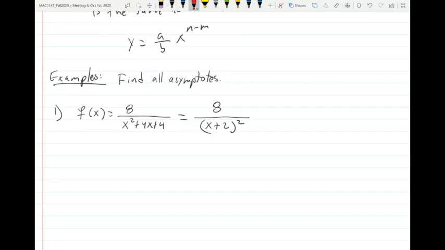All right, so let's see. Vertical asymptote. Do we have any vertical asymptote here? So we need to answer vertical asymptote, horizontal asymptote, and then slant. Do we have any vertical asymptote for this function?